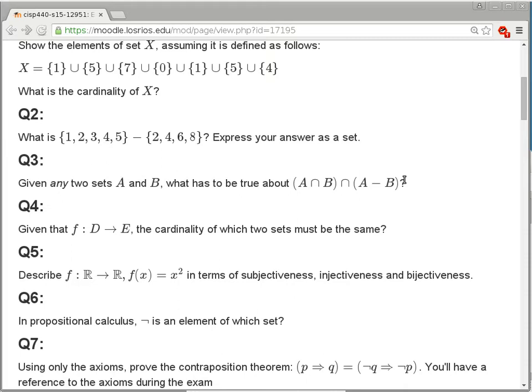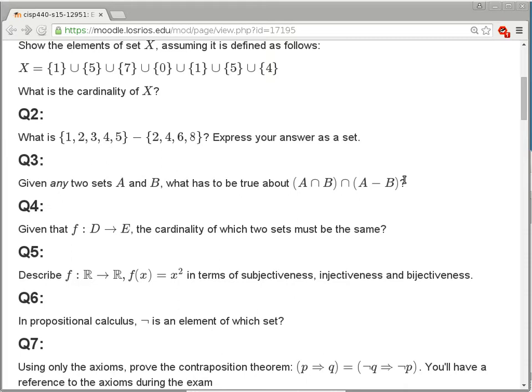This is A intersect with B. What about A minus B? A minus B looks like a moon here. This is A minus B. So when you look at the intersection, there's no intersection between A intersect with B and A minus B. So the answer is an empty set in this case.